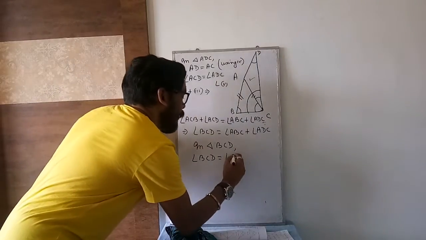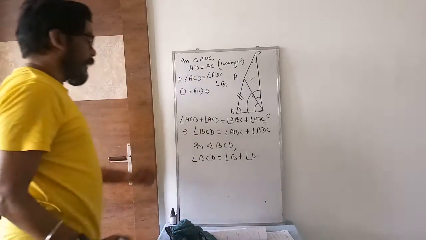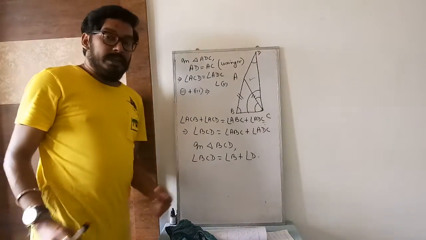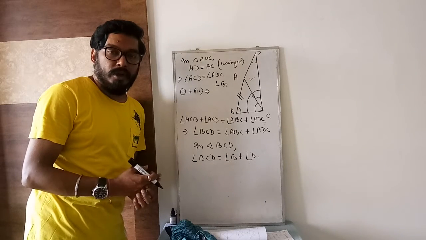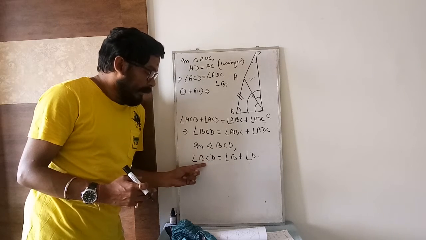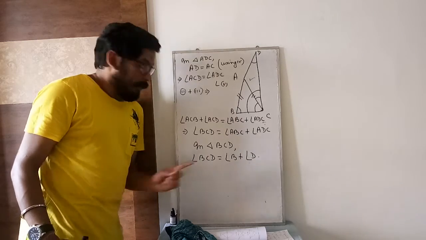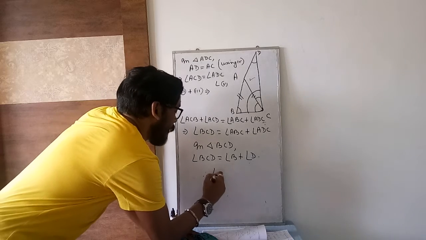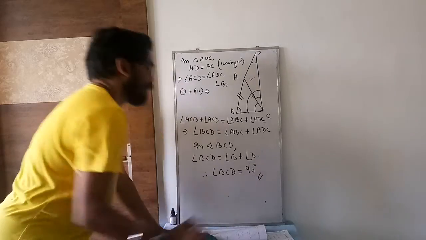ABC means complete angle B, and ADC means angle D. You can write angle BCD equal to angle B plus angle D. In a triangle, when one angle is equal to the sum of the other two angles of that very given triangle, then this angle will be 90 degree. This is a property. So you can easily write angle BCD equal to 90 degree.